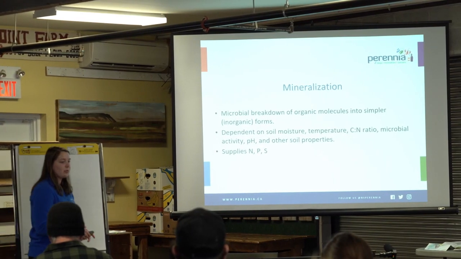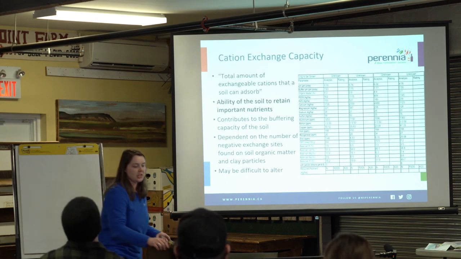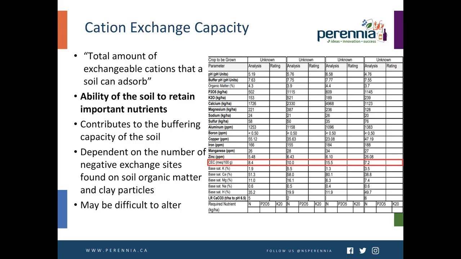Yeah, so the next one on your soil test report is cation exchange capacity. I show where this one is because it's in the middle here. It's represented in milliequivalents per 100 grams, which might not mean a whole lot. But what's important is that cation exchange capacity is the total amount of exchangeable cations that a soil can absorb.